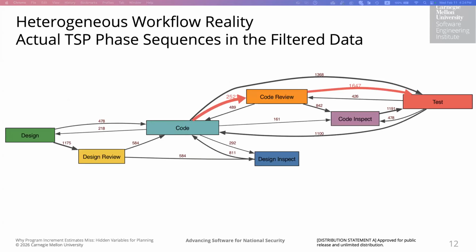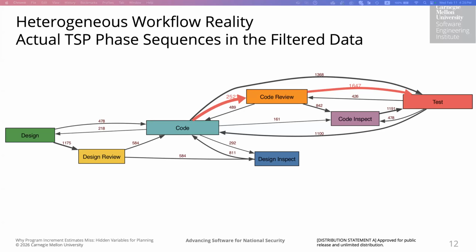Just to give you an idea of how that workflow really looks in our data, these numbers show how frequently there was a transition from one phase to another. What we see here is that there is a lot of back and forth between these stages.